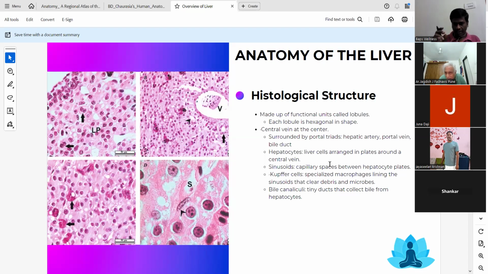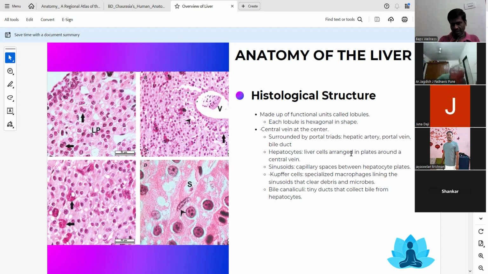Hepatocytes are the cells of the liver, arranged in plates around a central vein, through which the secretions of these hepatocytes are drained. And the sinusoids are the capillary spaces between the hepatocyte plates.